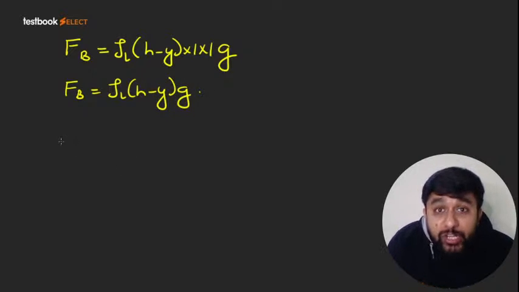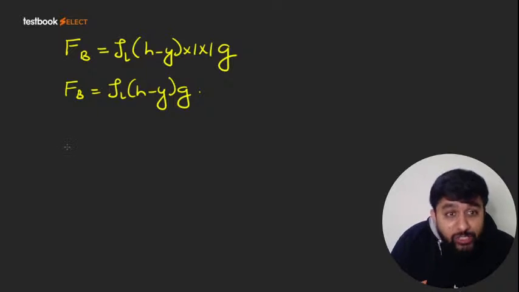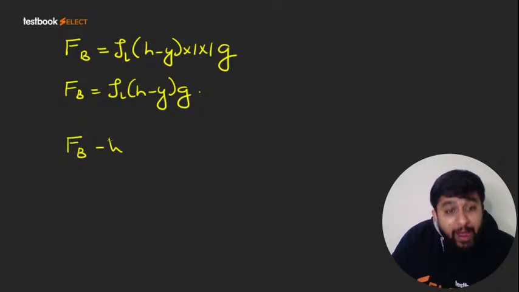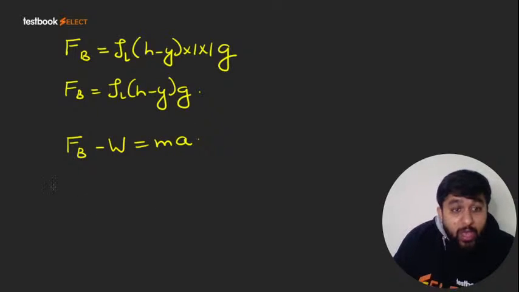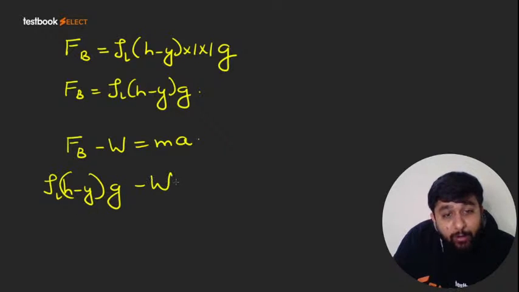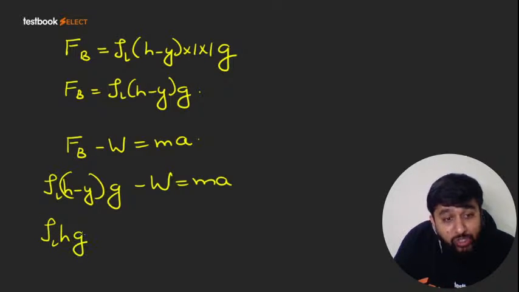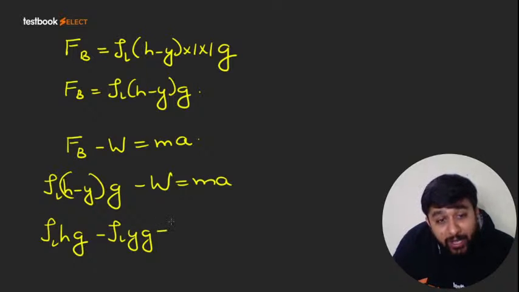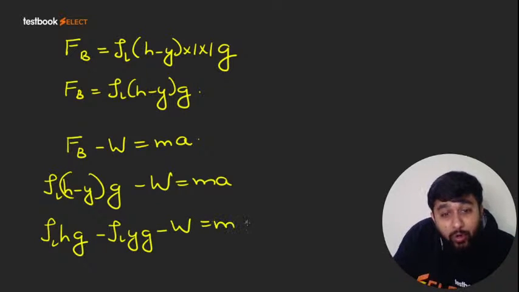And obviously there is the weight of the body in the downward direction. So buoyant force minus weight of the body is equal to mass into acceleration. You will write rho L (H minus Y) g minus W is equal to ma. So you will have rho L H g minus rho L Y g minus W is equal to ma.